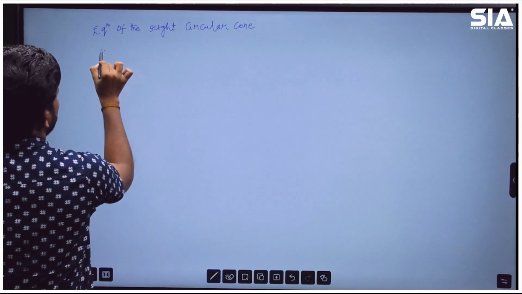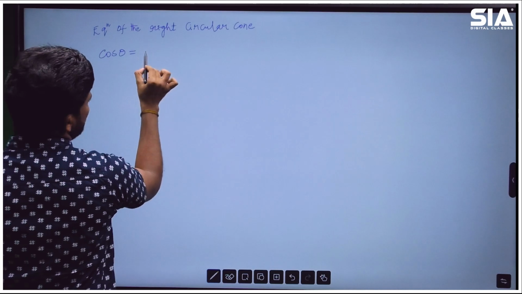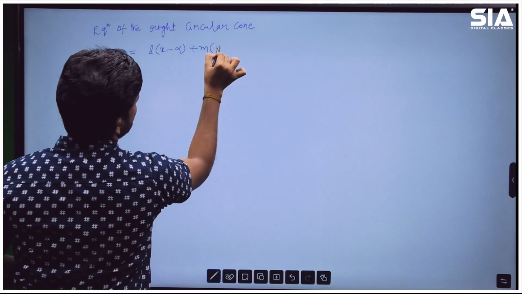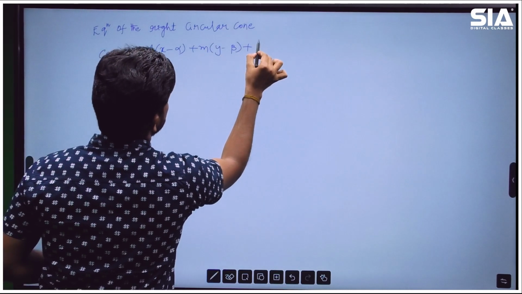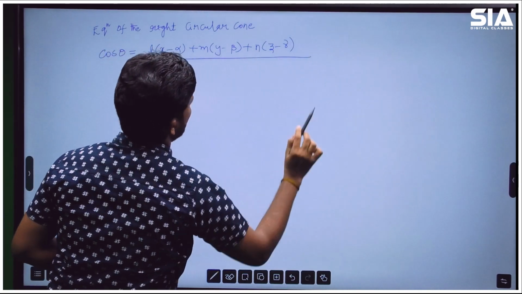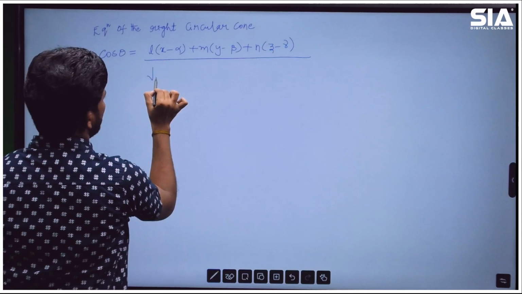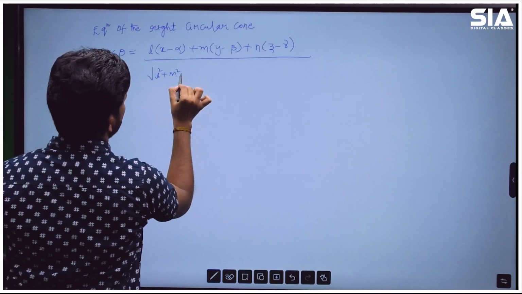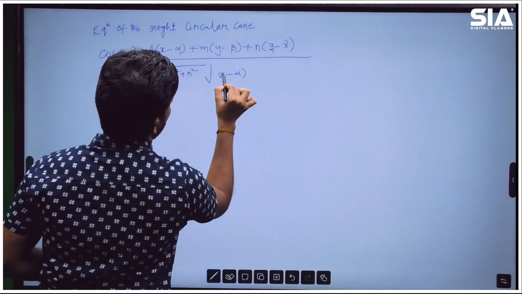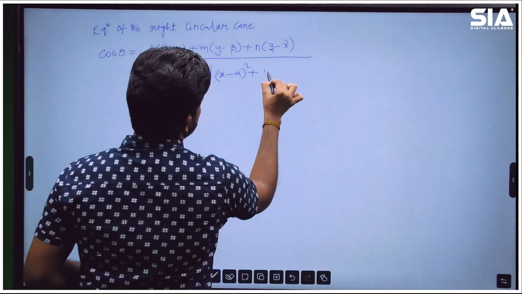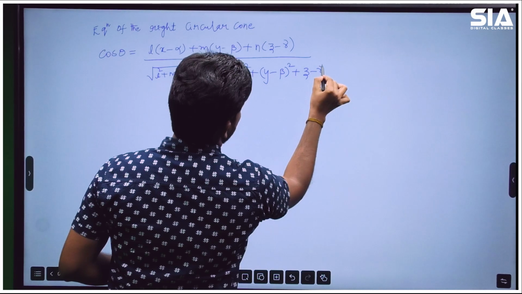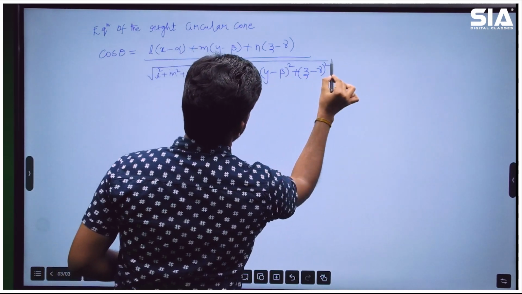So cos theta is given by, what is the formula? Cos theta is equal to L into (x minus alpha) plus m into (y minus beta) plus n into (z minus gamma), divided by under root of L square plus m square plus n square, into under root of (x minus alpha) whole square plus (y minus beta) whole square plus (z minus gamma) whole square.